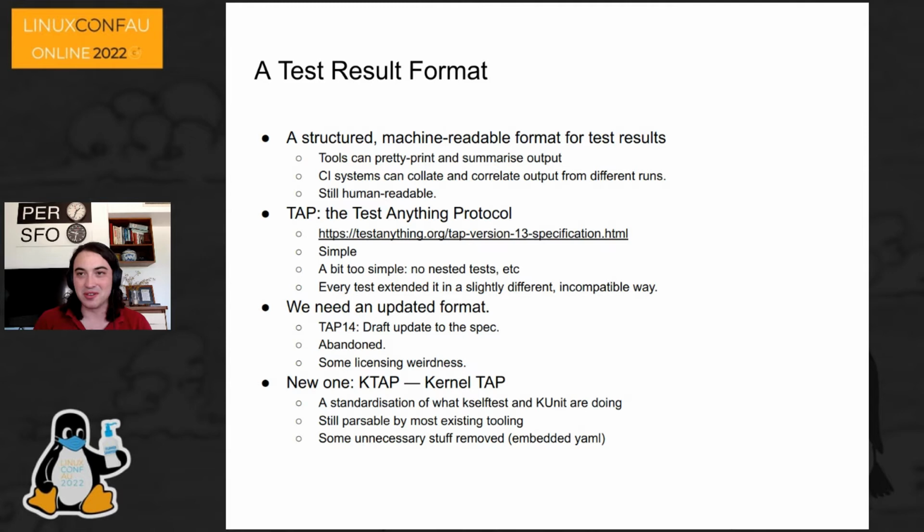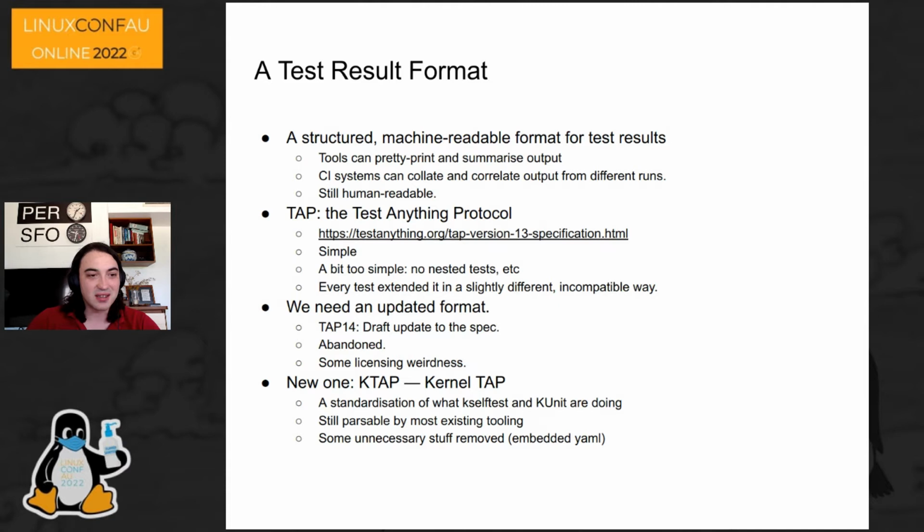Unless you knew what that specific test script did, you'd have no clue, since it was different from everything else. So it was agreed to standardize all of the test results with kselftest and other related testing tools on TAP. TAP is the Test Anything Protocol, a very simple output format for test results that I think originally came from Perl.